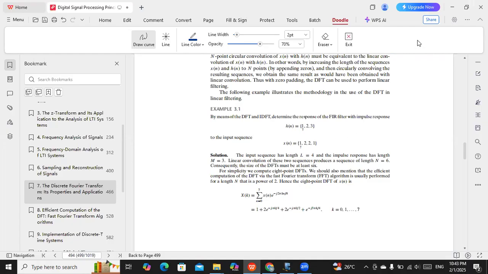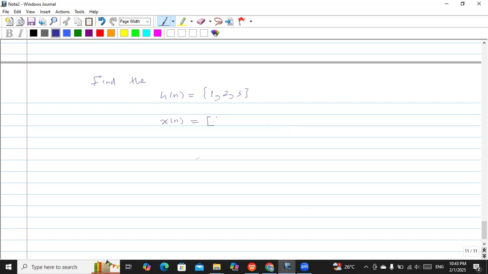1, 2, 2, 1. Okay, and so this is the linear time invariant system.